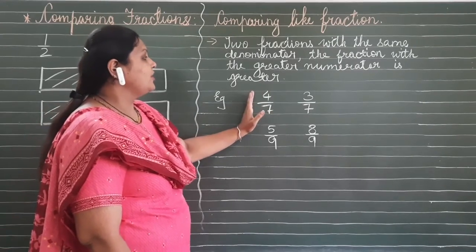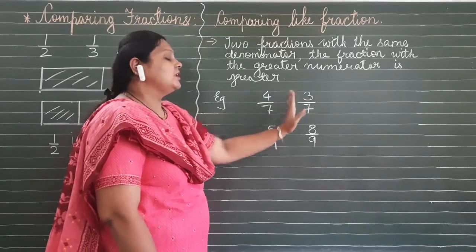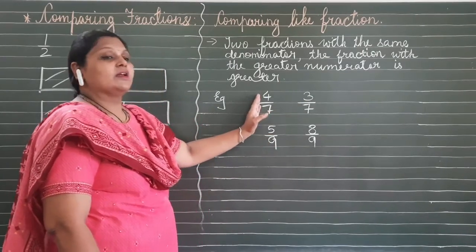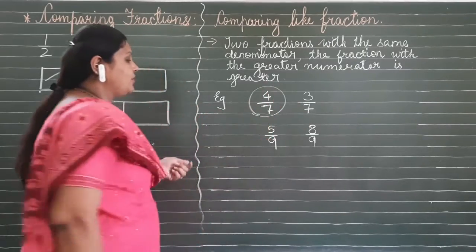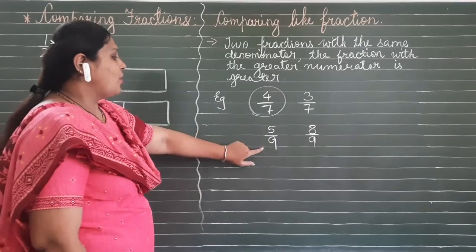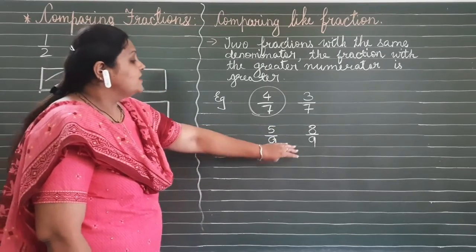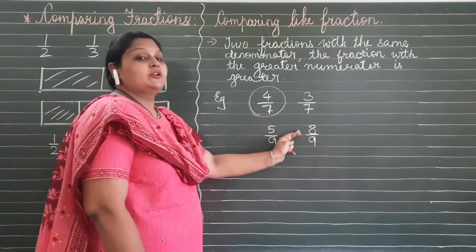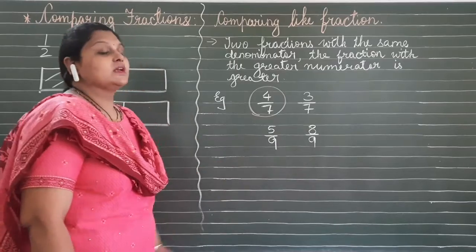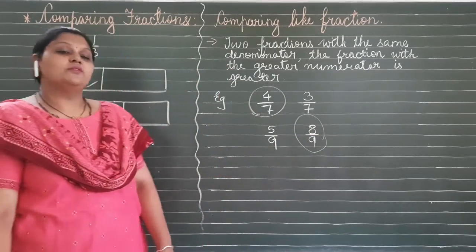Here, the greater numerator is greater number. 4 upon 7, 3 upon 7, 4 is greater than 3, so 4 upon 7 is greater. Same way, 5 upon 9, 8 upon 9. Here, 9 is a denominator which is equal and numerator is 5 and 8. Out of these two, 8 is greater. So, 8 upon 9 is a greater fraction.